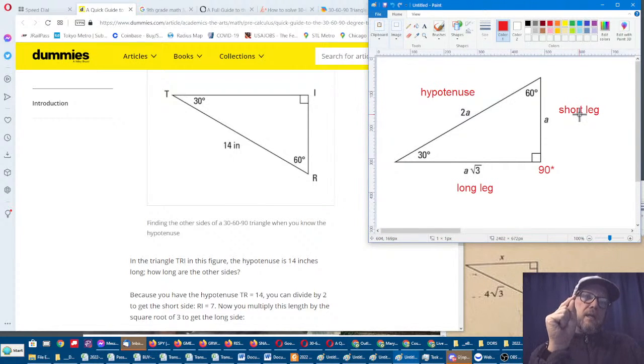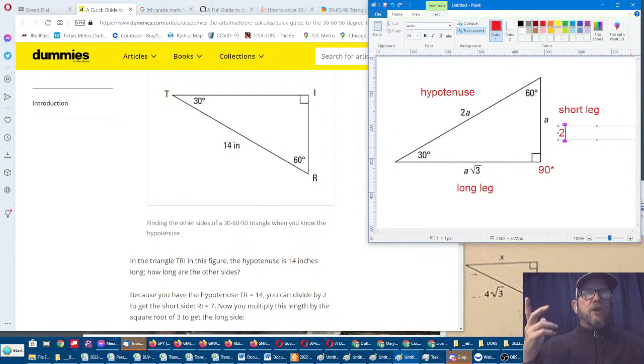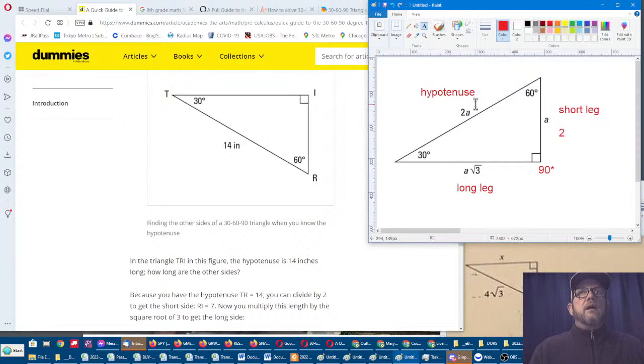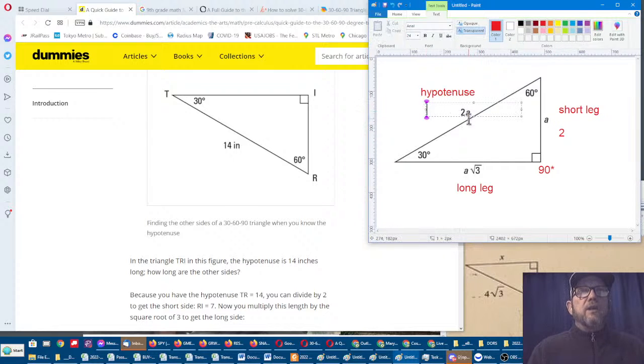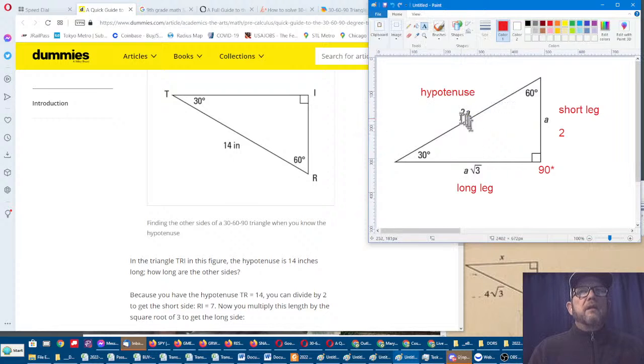Your short side is represented by A. So what if I did 2 being your short side? If you look at this formula, 2A means 2 times A, which means it's double your short leg.